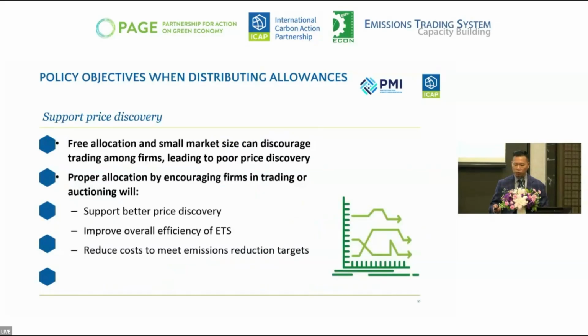And we also want to use allocation to support discovering the true carbon price. When we ask what is the right price for carbon, every government wants to know, when we start the ETS, what should be the right price. And actually no one knows what the right price is.